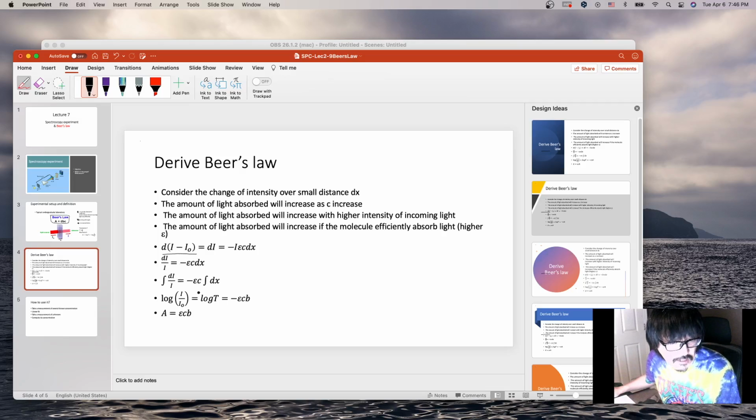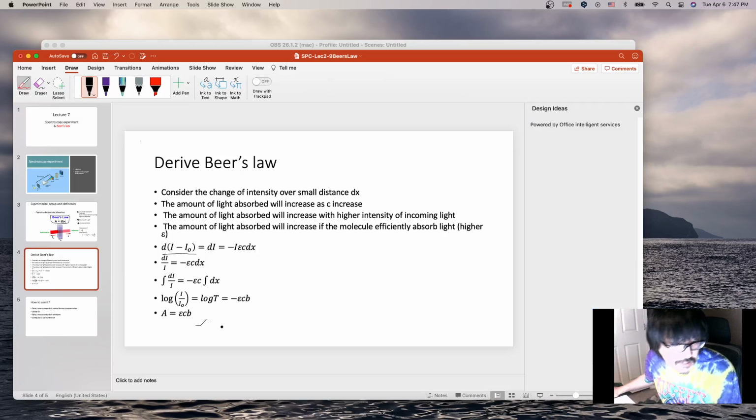And then just integrate both sides. The epsilon and concentration are constant, so they come out. And if you do the integration, that's log of I over I naught, which is basically the log of T, is equal to negative epsilon c b. So if you multiply both sides by negative, you get absorbance is equal to epsilon c b. So that's pretty much all there is to it for Beer's law.